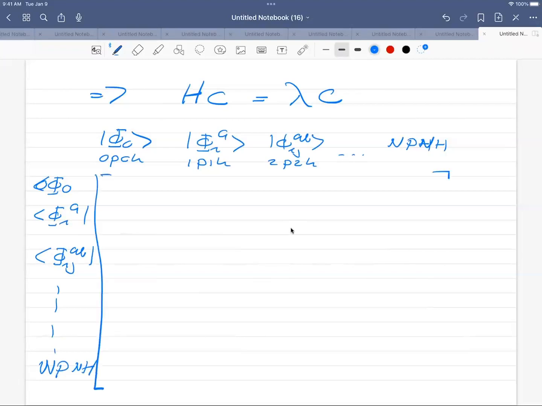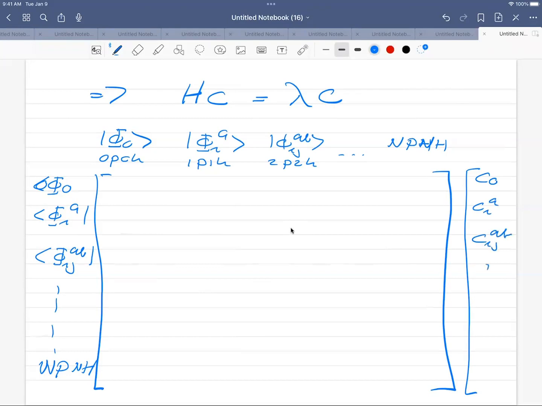So what you have in here are the matrix elements. And this is then multiplied with these vectors, the vector components. So there will be a C0, a CIA, a CIJ AB, and this goes all the way down to C of n holes and n particles.